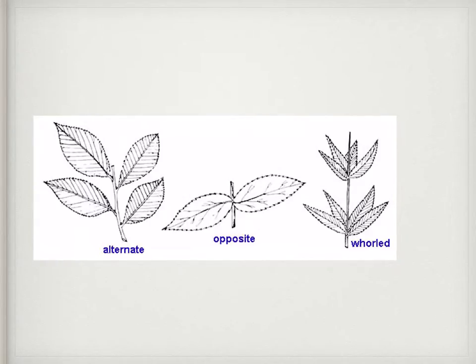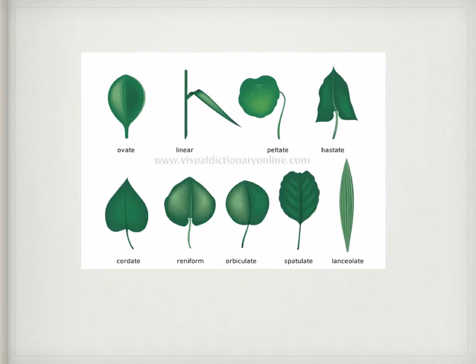Leaf is a trademark of the tree along with the fruit, and it is commonly the most physical characteristic in tree identification. There are three very physical things that we see in a tree: alternate, opposite, and whorled. More importantly than how the leaves are arranged is how they are shaped.